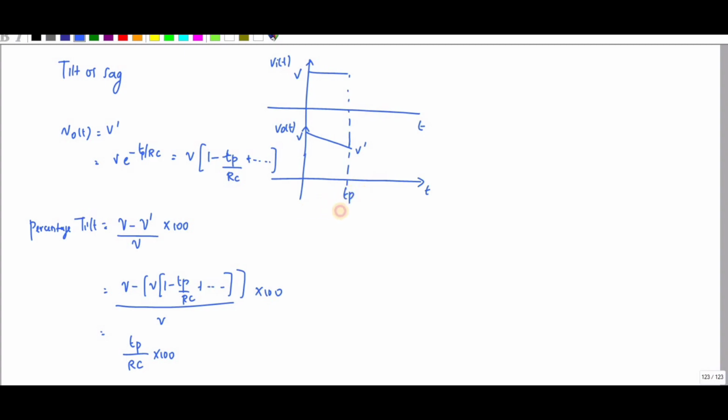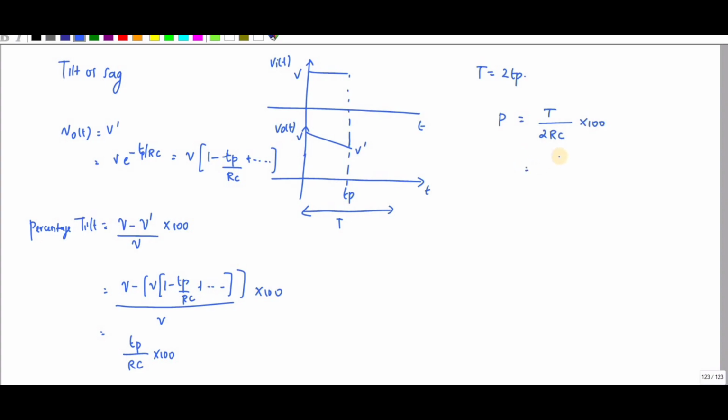Okay, if I assume this is my T, and T is equal to 2 times Tp, then if I substitute here, I will get T divided by 2RC into 100. So this is my percentage tilt.